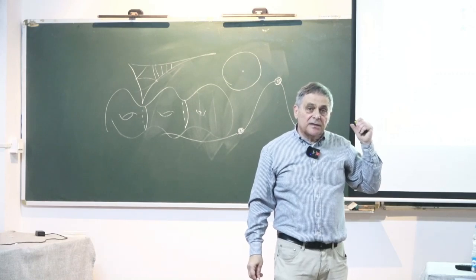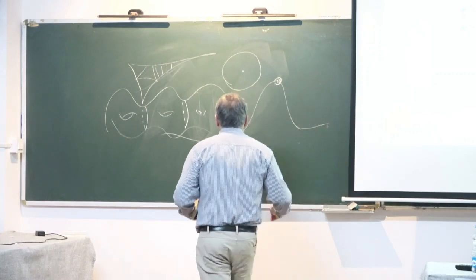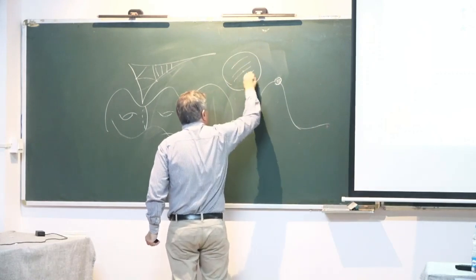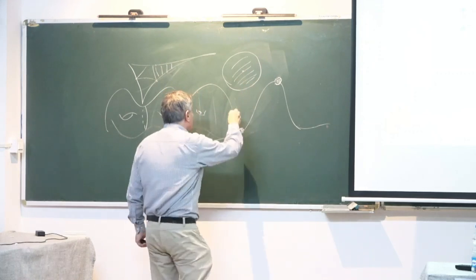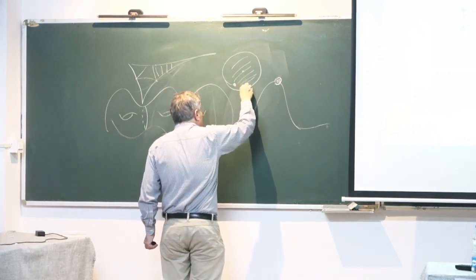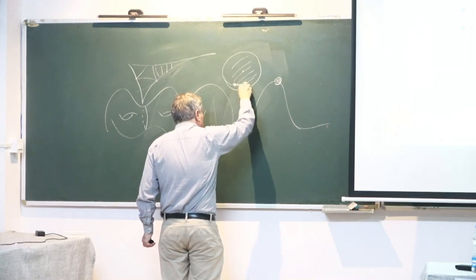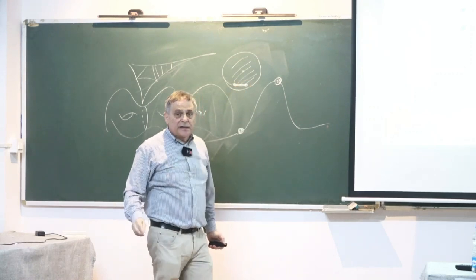In Euclidean space, these disks are convex. You know what it means, convex. It means that if I take 2 points in this disk, then the shortest path should stay in this disk.